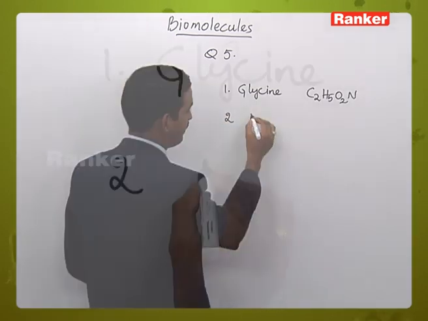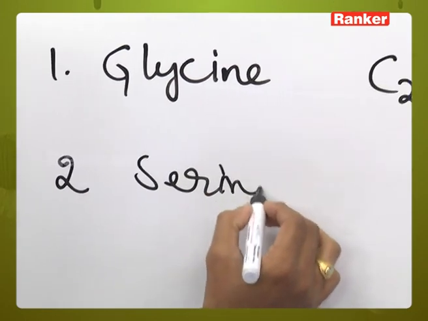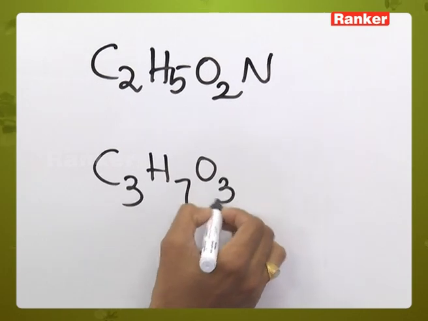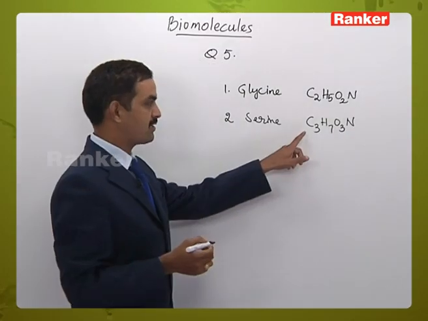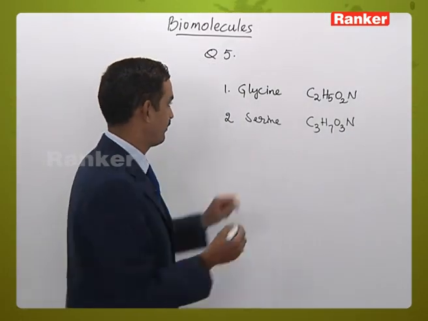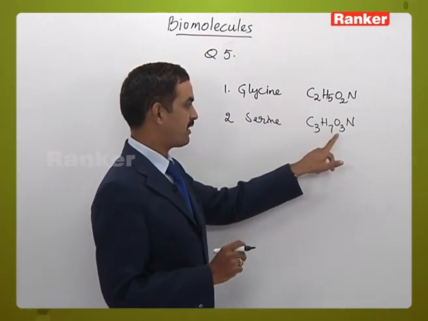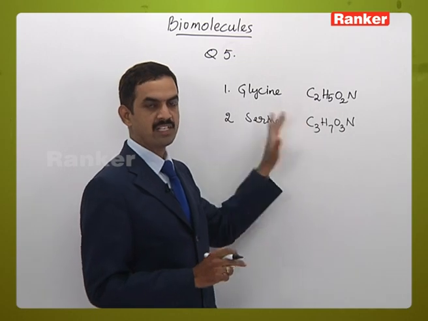Second one is serine. C3H7O3N. It contains 3 carbons in it. The molecular formula of serine is C3H7O3N, which contains 3 carbons.